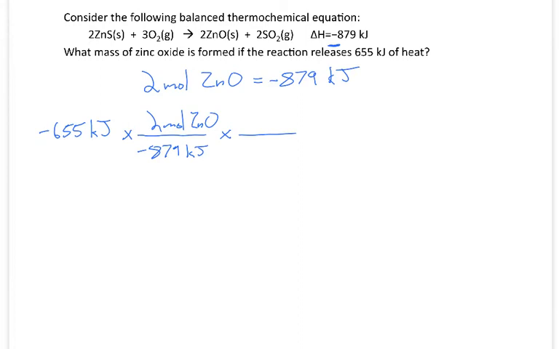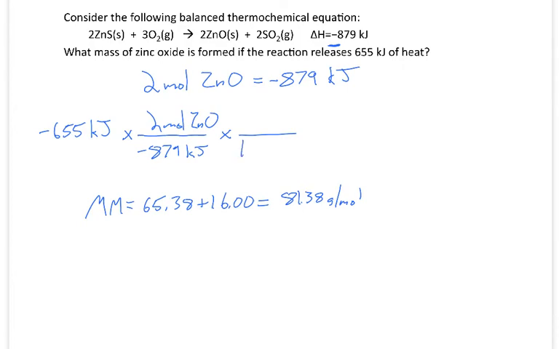And now they're looking for the mass of zinc oxide, so I need to get the moles into grams, so I'm going to need the molar mass of zinc oxide. So the molar mass of zinc oxide is 65.38 for the zinc, 16.00 for the oxygen. So that gives you a molar mass of 81.38 grams per mole.